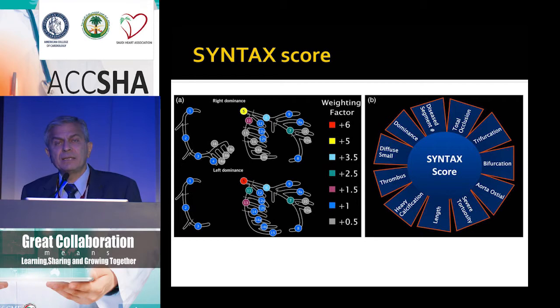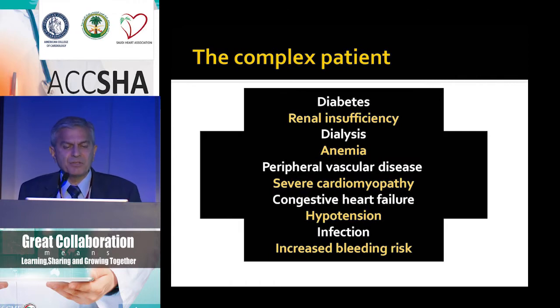But don't forget that it's not simply the complex anatomy that's important, but the complexity of the patient is important. Whether the patient is diabetic, is there any renal issue? If I'm going to do multi-vessel angioplasty and I'm starting with a creatinine of 2, where is that going to take me? And all these things that you see on this slide. That's why all those scores progressed from anatomic to clinical, and the SYNTAX score moved all the way to SYNTAX 2.